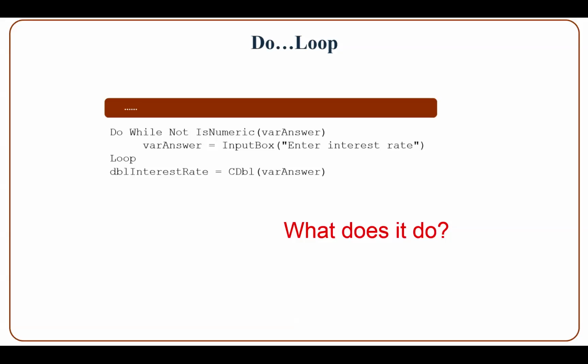So this means that if the user types in anything which is not numeric, then the input box function keeps displaying the message enter interest rate, and it displays again and again until the user types in a numeric value.